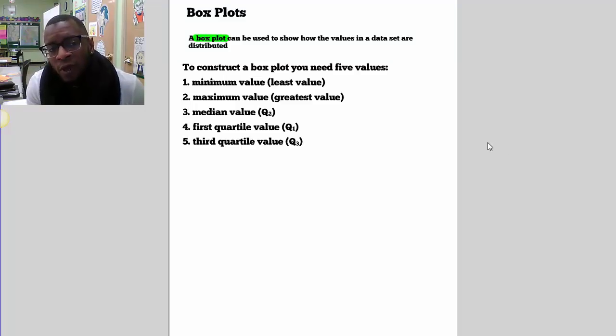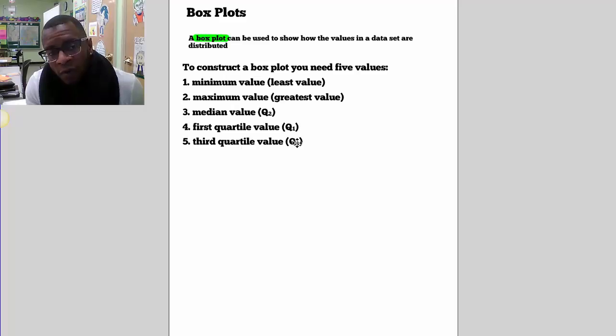But first, before we even look at an example and draw a box plot, there are 5 values that you really need to have before you begin to draw your box plot. Those values are your minimum value, your maximum value, your median value, or Q sub 2, your first quartile value, which is Q sub 1, and your third quartile value, which is Q sub 3.